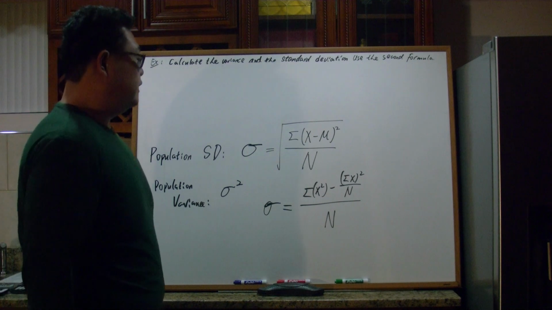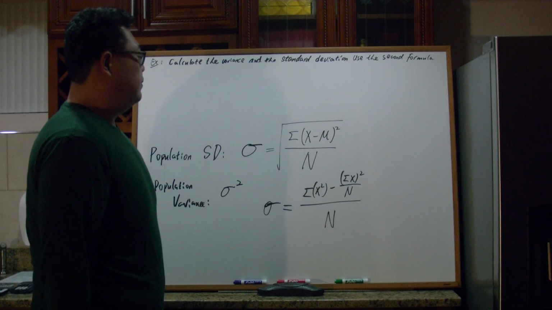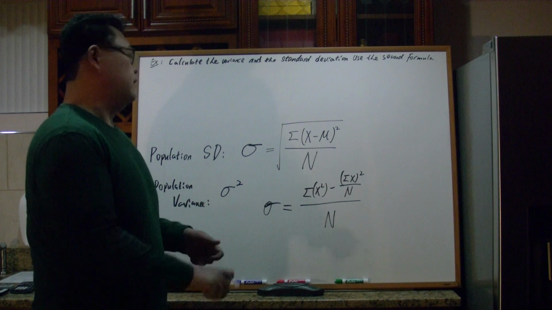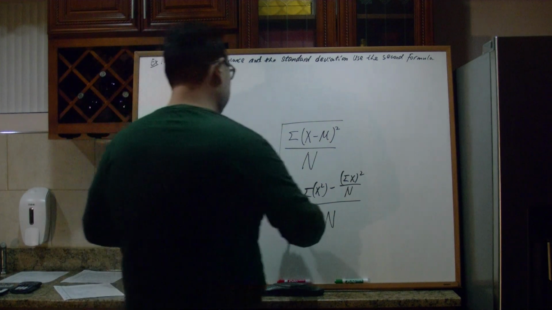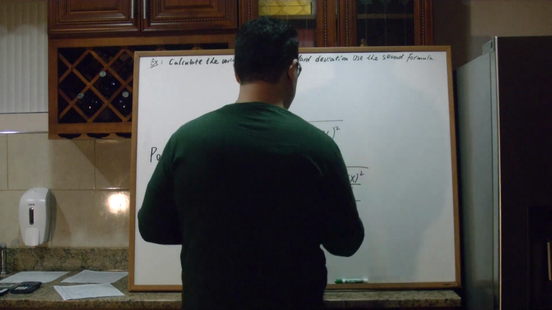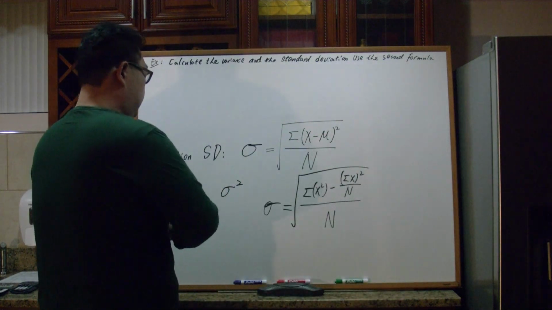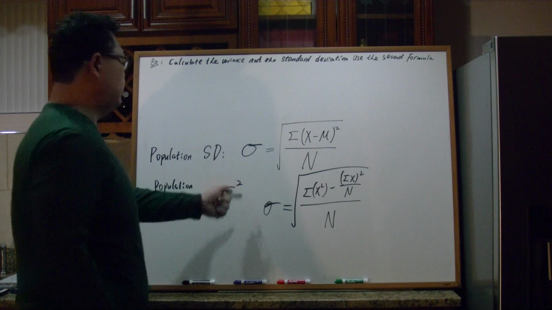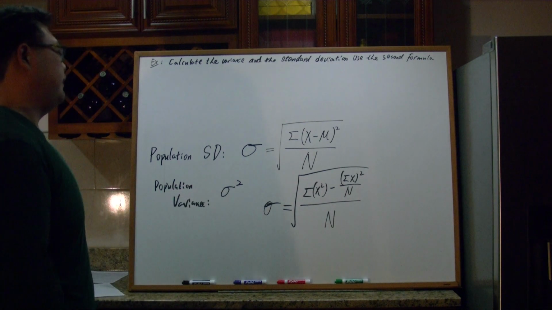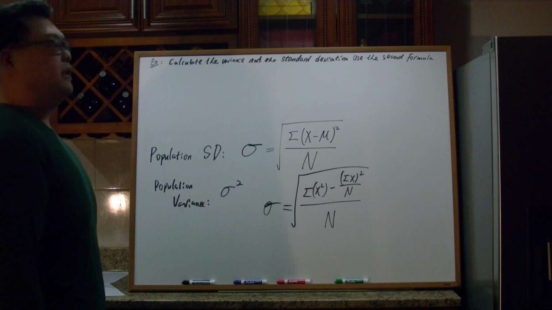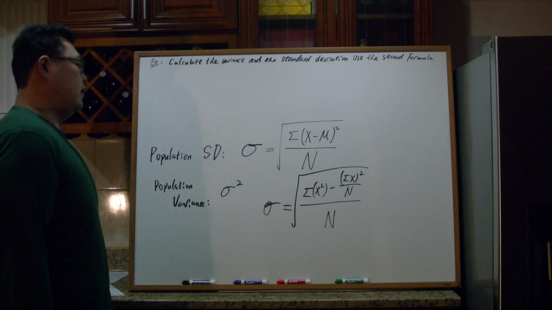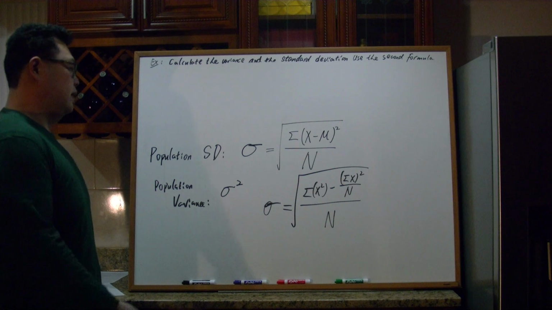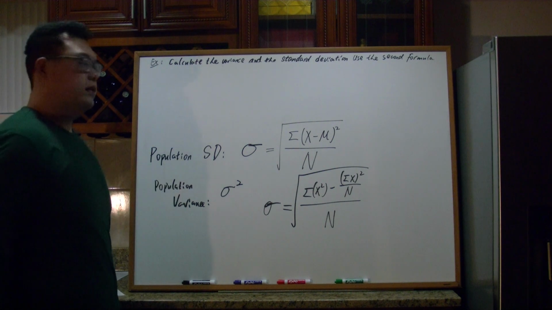That was the computation way, but by definition this one is how we find the population standard deviation, of course under a square root. The notation sigma squared is just the population variance. We will see those notations later, maybe in chapters 4, 5 or 6.